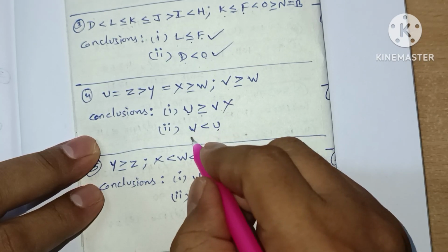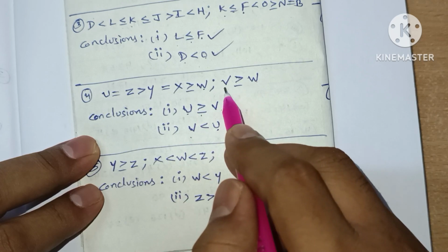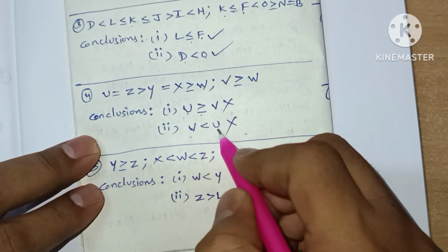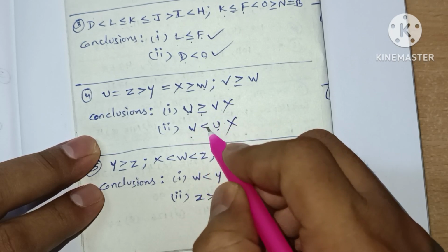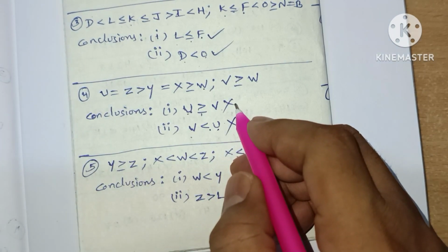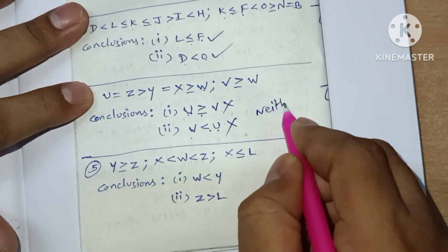U to V, from U we can reach to W but not from W to V, so this is also false. But combining all the three, U has greater, equal to, and again greater symbol, so this is neither nor.